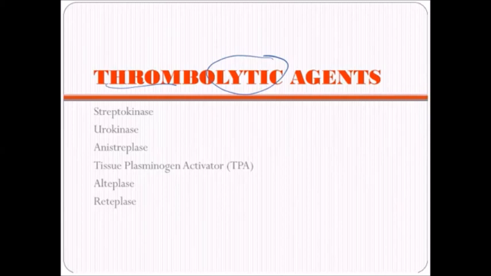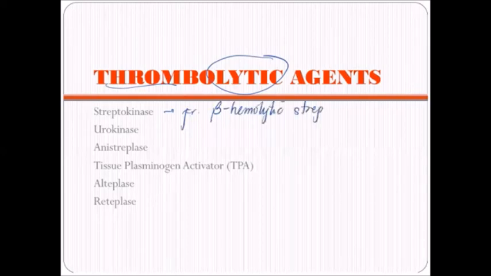So some important or some distinct information about this. Number 1 for streptokinase. Ang streptokinase ay galing sa beta hemolytic streptococcus. Okay, so this was isolated from beta hemolytic streptococci or streptococcus.